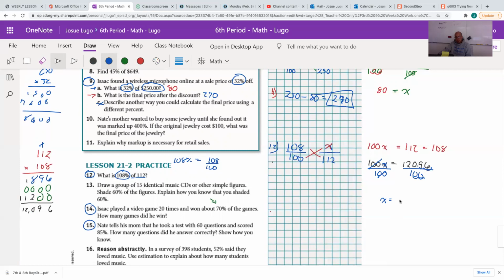So that would give me 120.96. That means that what is 108% of 112? It's 120.96. Notice how it's more than what I started with. Follow that pattern.